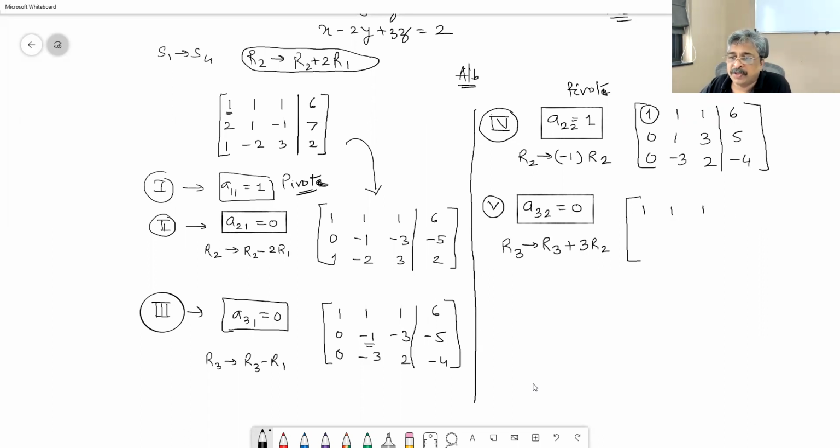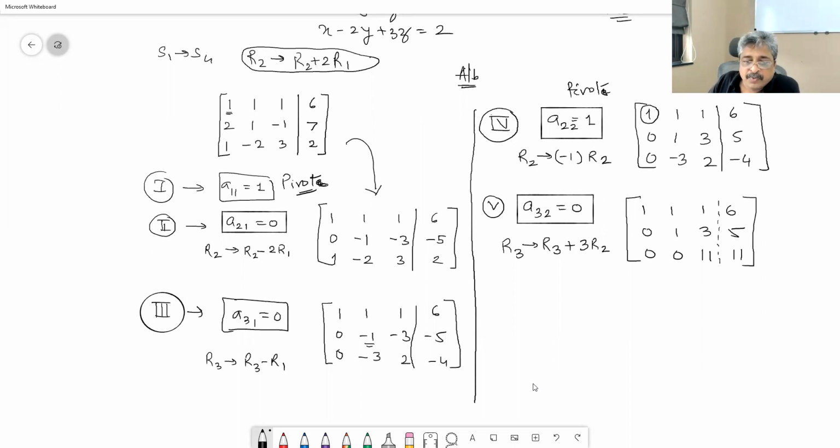1, 1, 1, 6; 0, 1, 3, 5; 0, 0, 11, 11. That means 3 times this is to be added to minus 9, giving 11, and 3 times 5 is 15 is to be added with minus 4, giving 11. This is the augmented matrix you have got now.